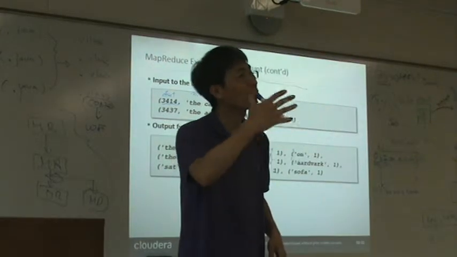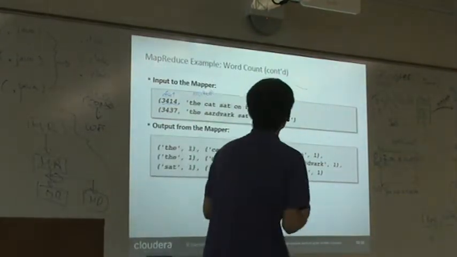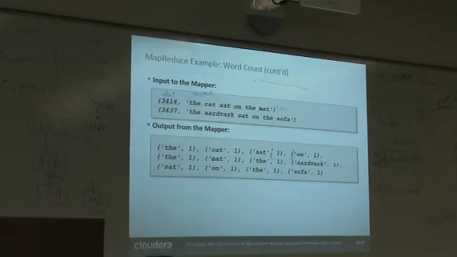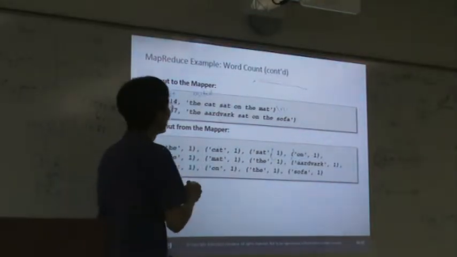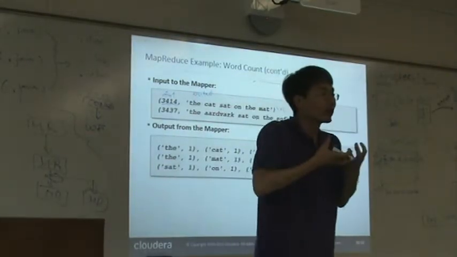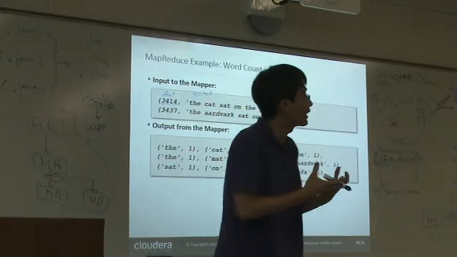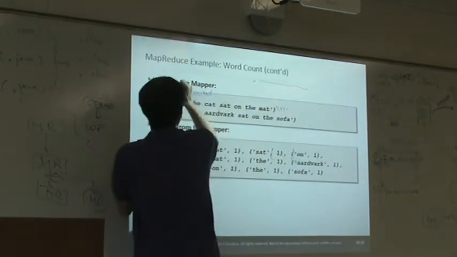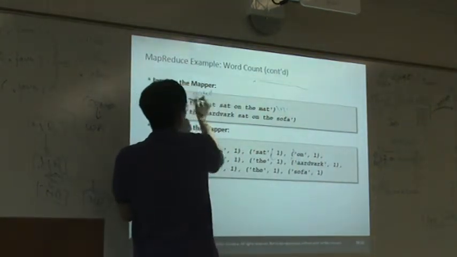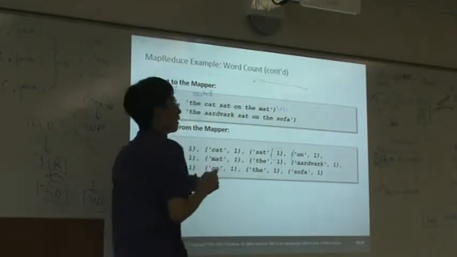When you create log data, think about printing something in your code: for each event, you have a new line character. So it's line by line. When the mapper reads the file the first time, it considers the offset as the key and one line as the value.